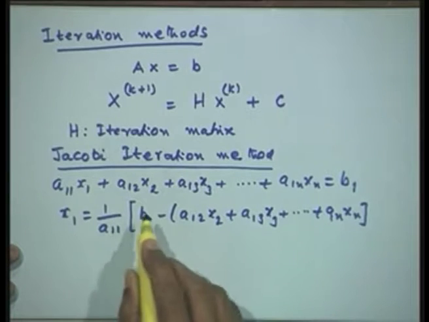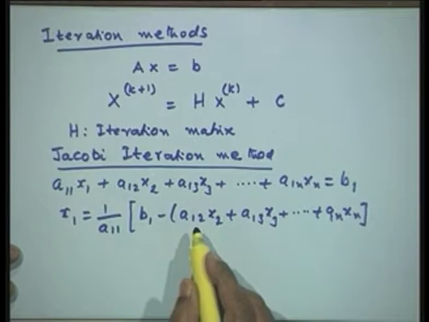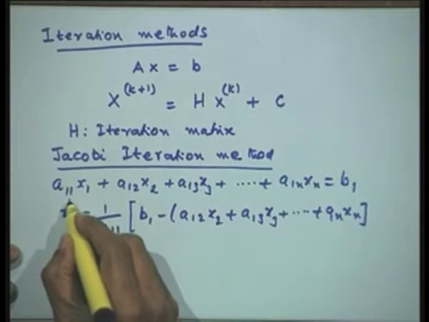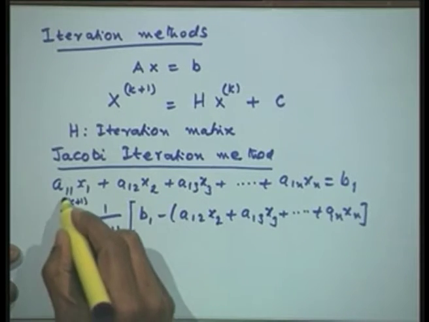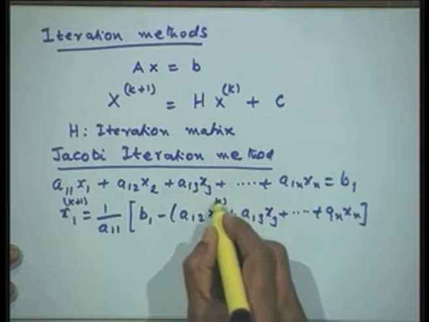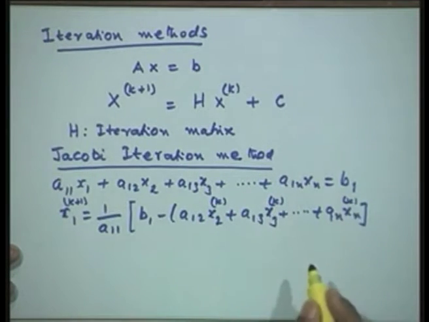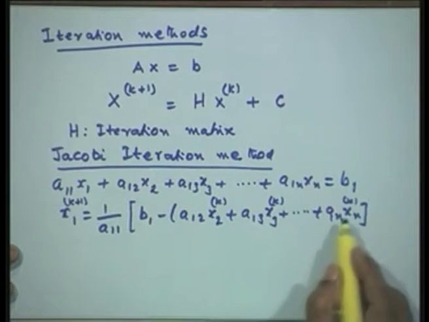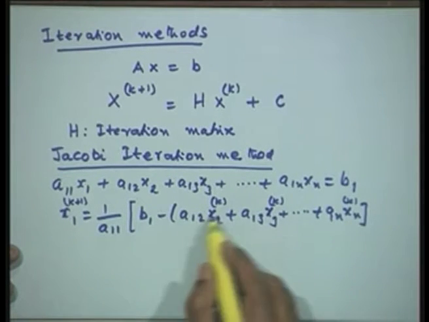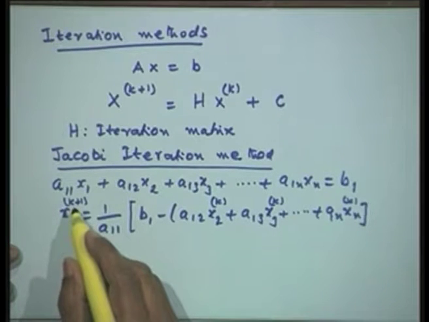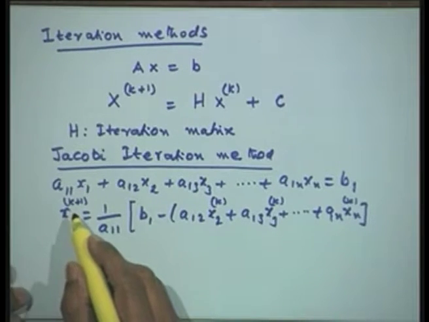Now, once you write it in this form, I would define a new iteration: put the superscript k+1 on the left and k on each of the variables on the right. That means all these values on the right hand side are at the previous iterate, and we are now obtaining the current iterate x1 at k+1.